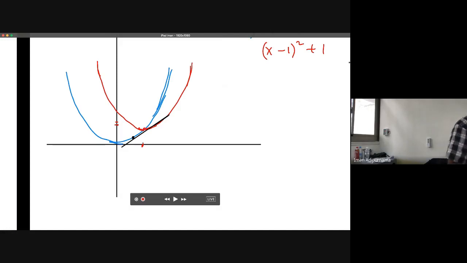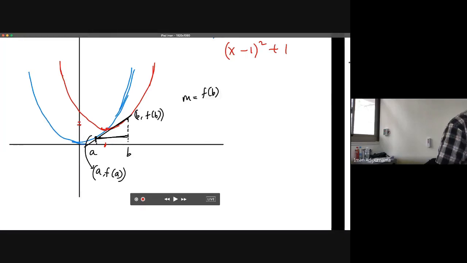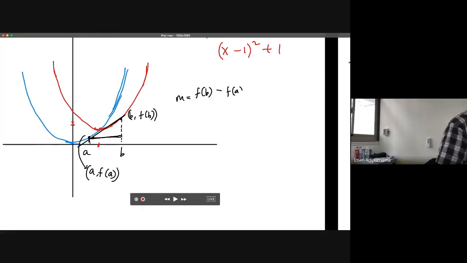So from this triangle here, if this is B and f(B), and this is A and f(A), you can see this gradient is also (f(B) minus f(A)) over (B minus A).